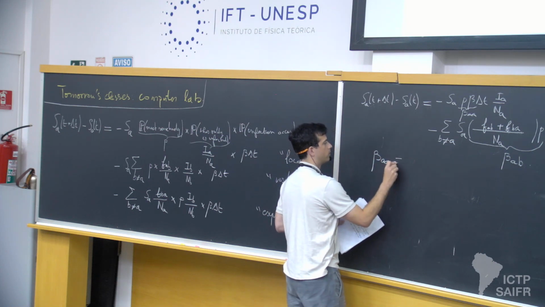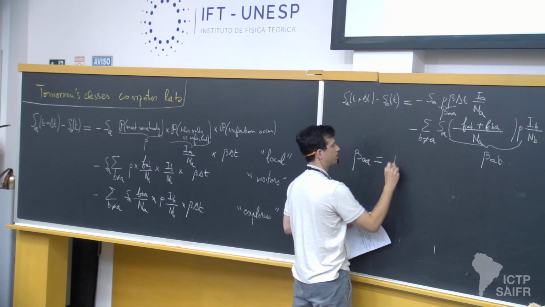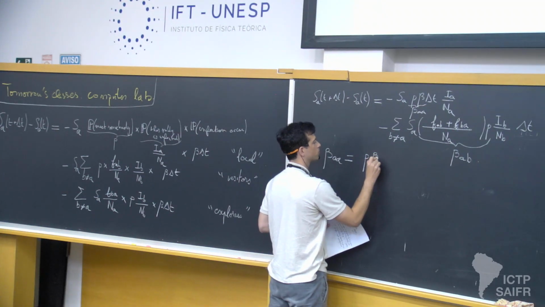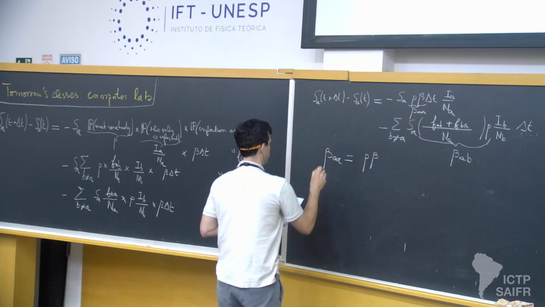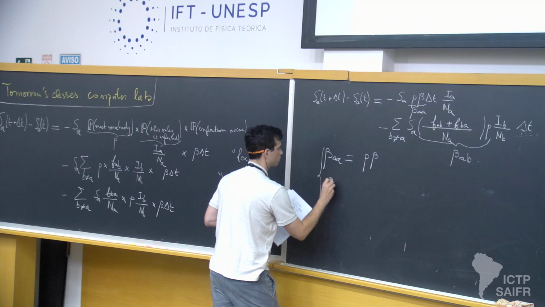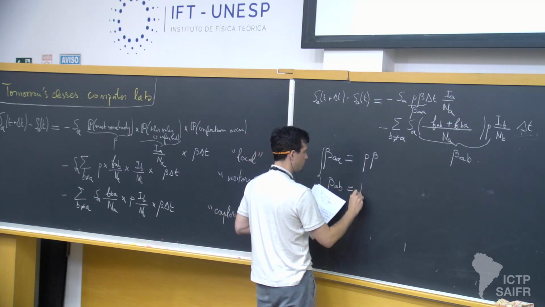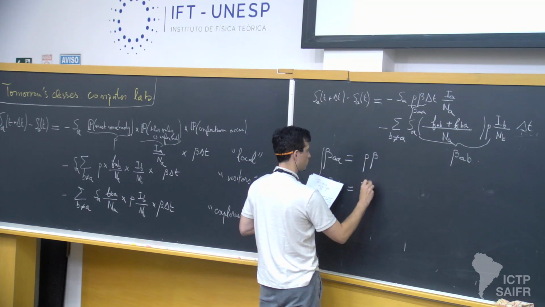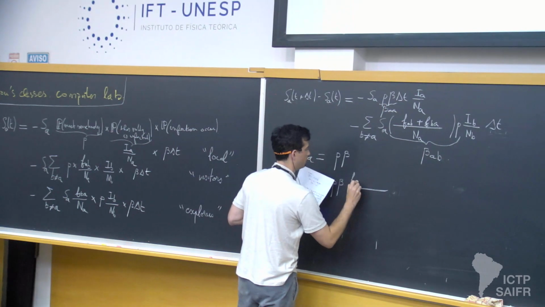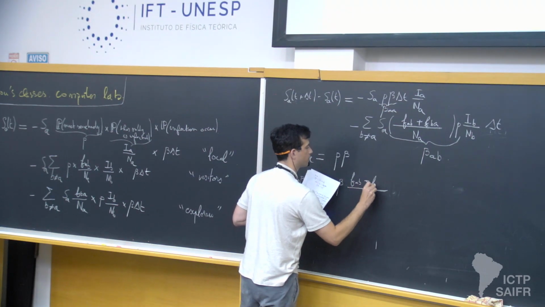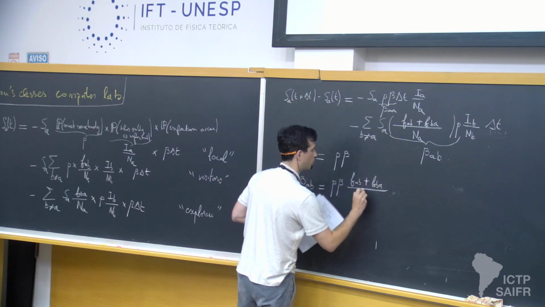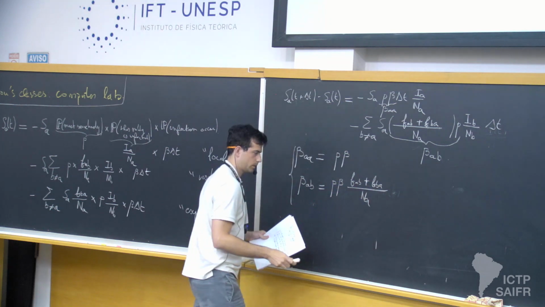So you have the diagonal terms beta AA, which are simply P times beta. And then you have the off-diagonal terms, which are given by what I wrote there. So P, beta, and then FAB plus FBA over NA. Okay.